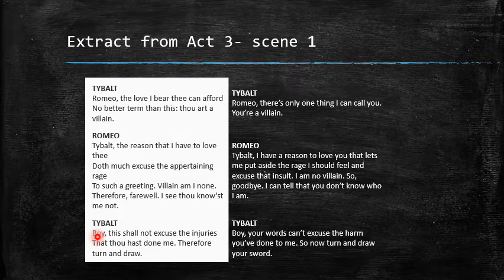Next, Tybalt says, Boy, thou shalt not excuse the injury that thou hast done me. Therefore turn and draw. So Tybalt is saying, Boy, your words can't excuse the harm you've done to me. So now turn and draw your sword. He is challenging Romeo to a duel.